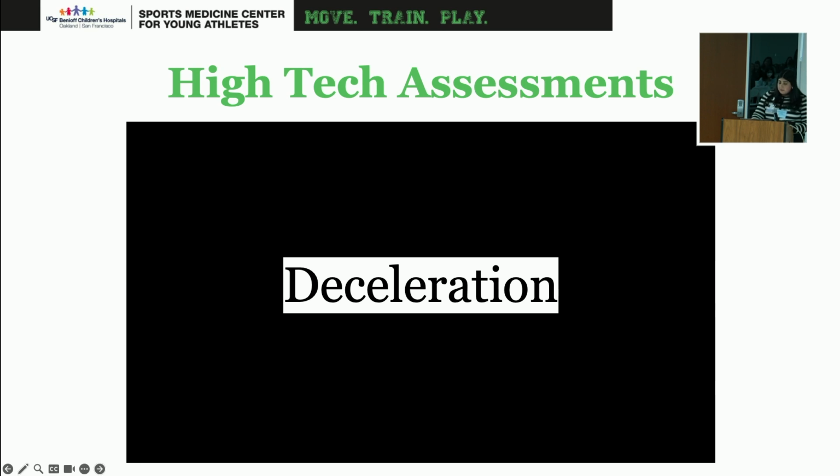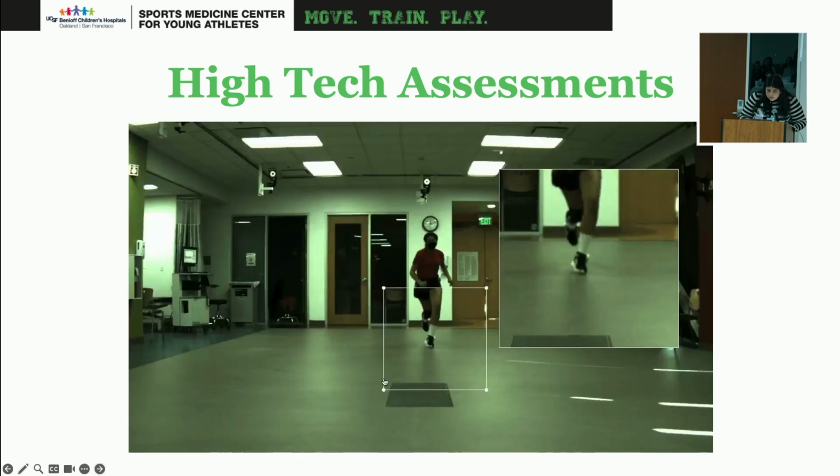Okay, and then in terms of deceleration, deceleration is essentially mimicking a change of direction moment where a patient's running forward and then has to change directions really fast, starting to pedal back.